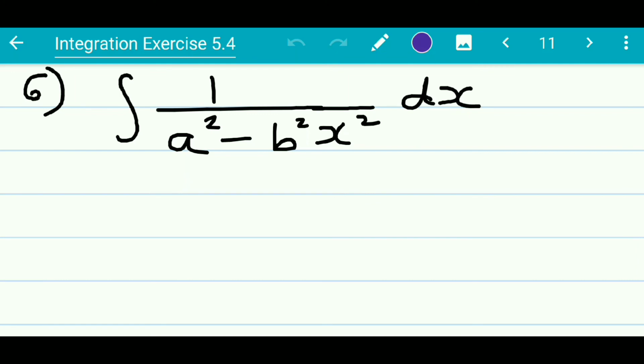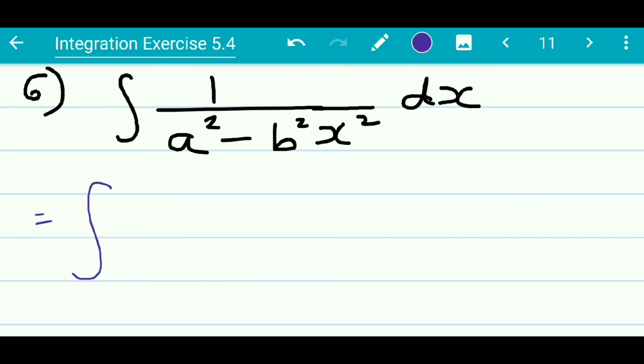Now the sixth sum. Sixth sum, you are not to get confused seeing the a square and b square terms. It is to be done exactly like the previous sums. That is, over here, not exactly, a bit of difference is there because we will be using the second result over here. So the sum becomes like this.